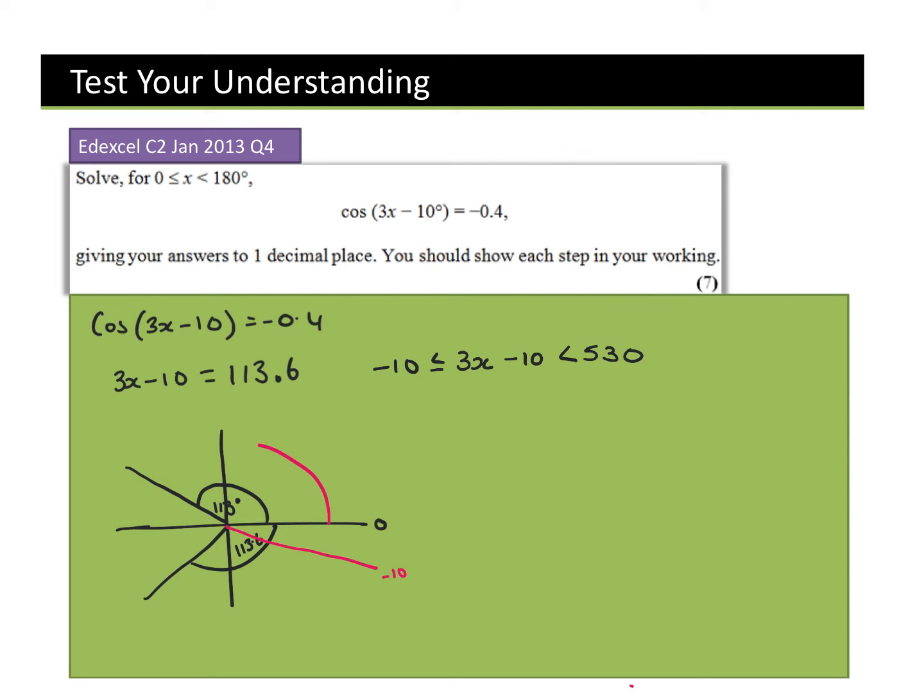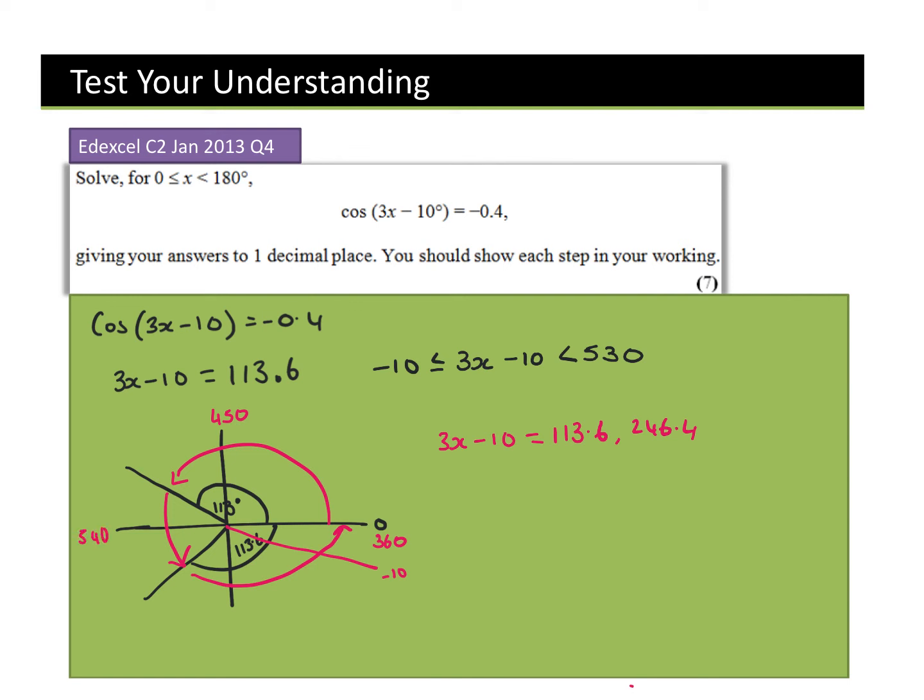Okay, start at 0. My first angle is 113.6. Keep going. Second angle, what is this? 360 minus 113.6, which is 246.4. Okay, keep going. I'm now at 360. Do I stop? No. What's my next one after 360? 450, then 540.